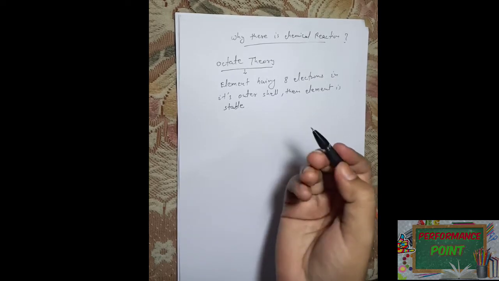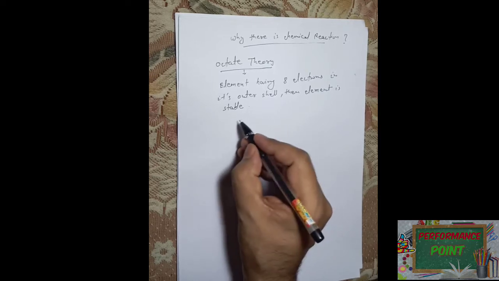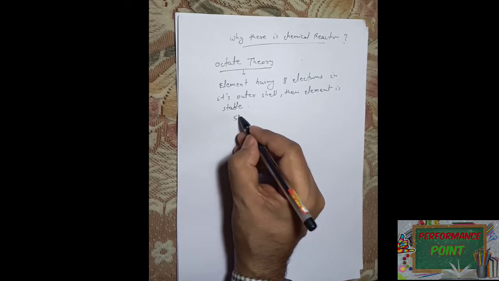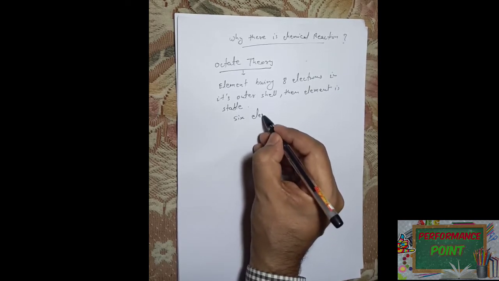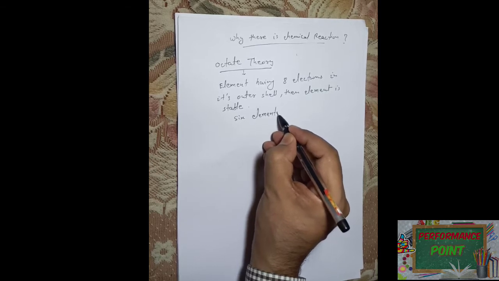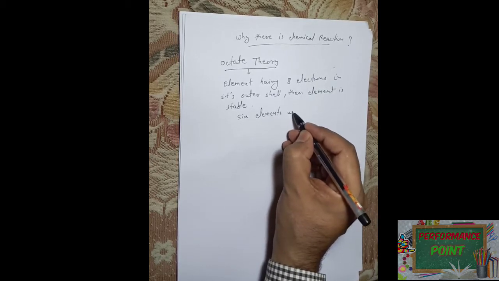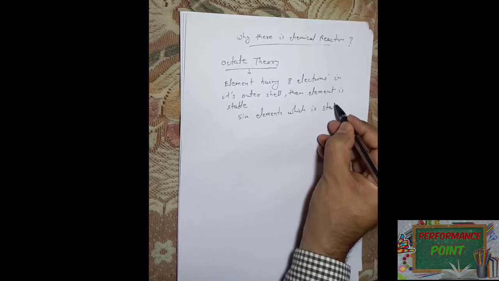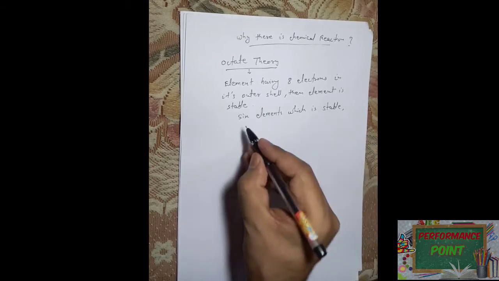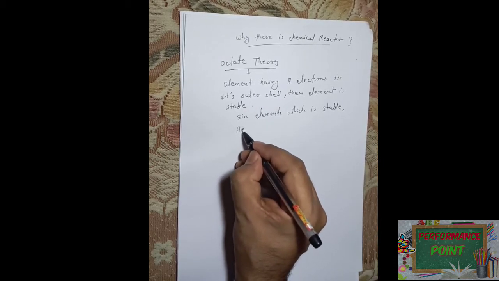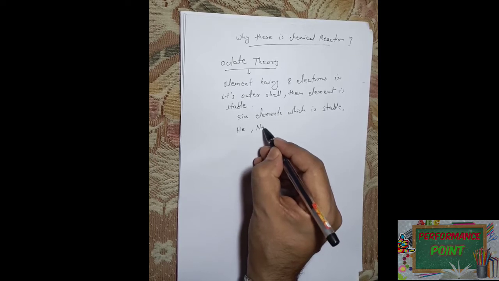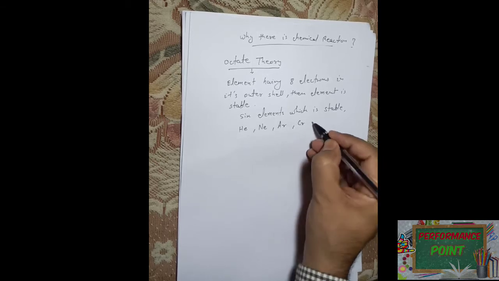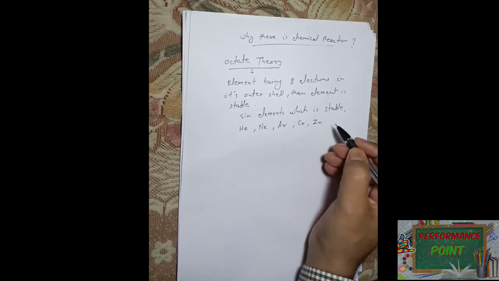There are 6 such elements which are stable. Those are helium, neon, argon, krypton, and xenon.